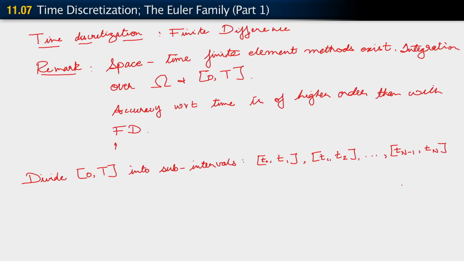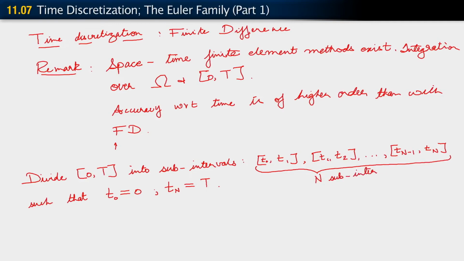Okay, so we have all of these subintervals, and what we also imply here, of course, is that t0 is equal to 0 and tn equals capital T. If you look at this, what we've implied is that we've divided our total time interval into capital N subintervals. So clearly here we have N subintervals.